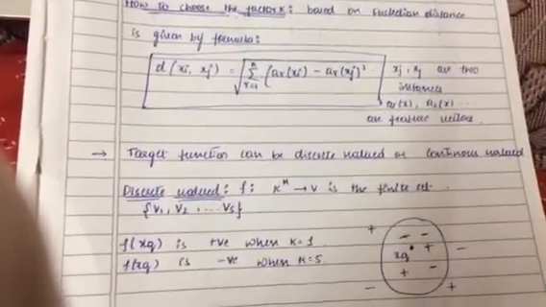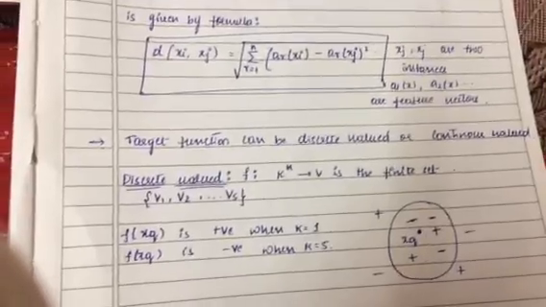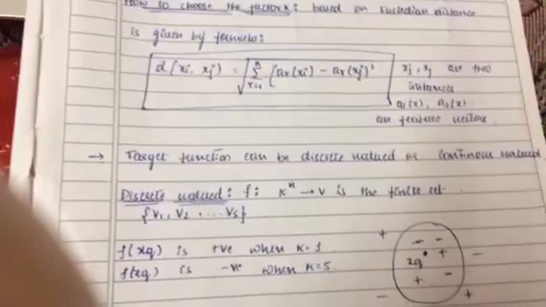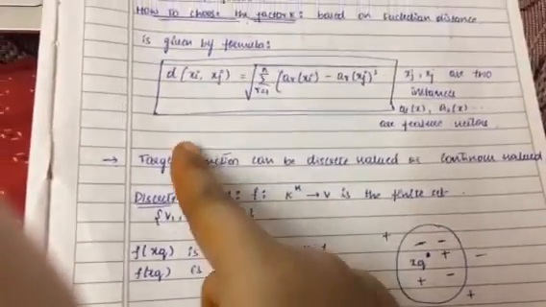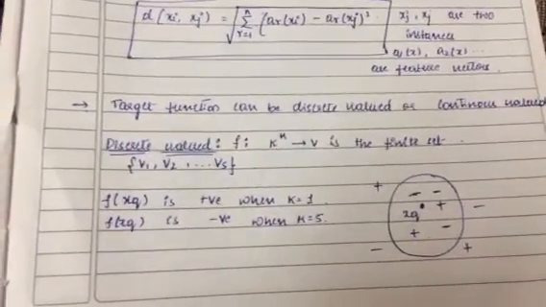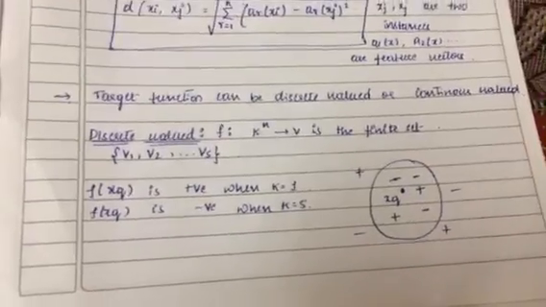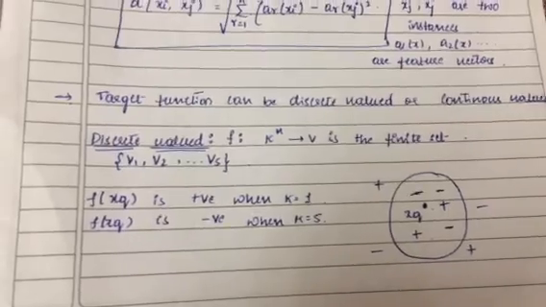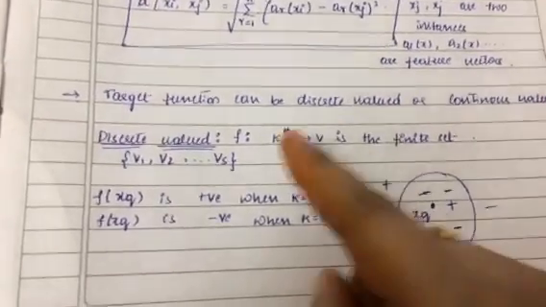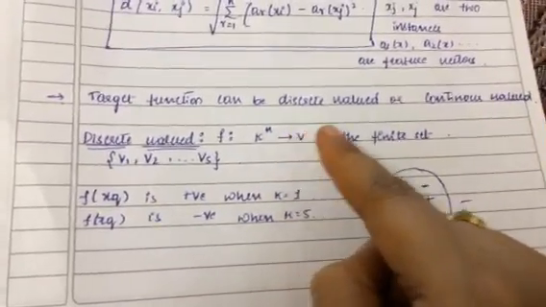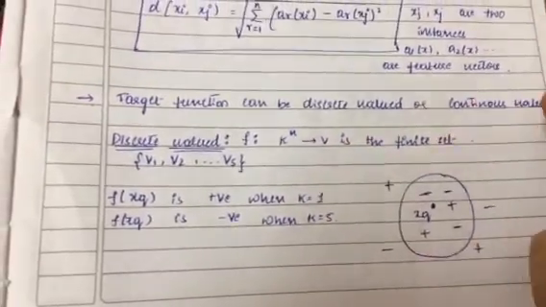See here, in the KNN algorithm, KNN can be applied to a discrete value or a continuous value. Meaning my target function, in the sense my output, can be continuous valued or discrete valued depending upon the application. Suppose it is discrete valued, so the function f is R to the power n to V, a finite set.